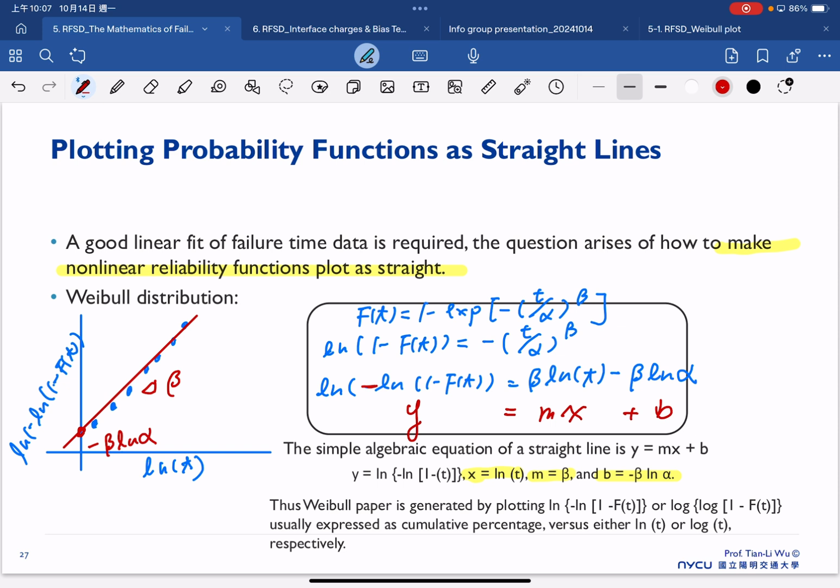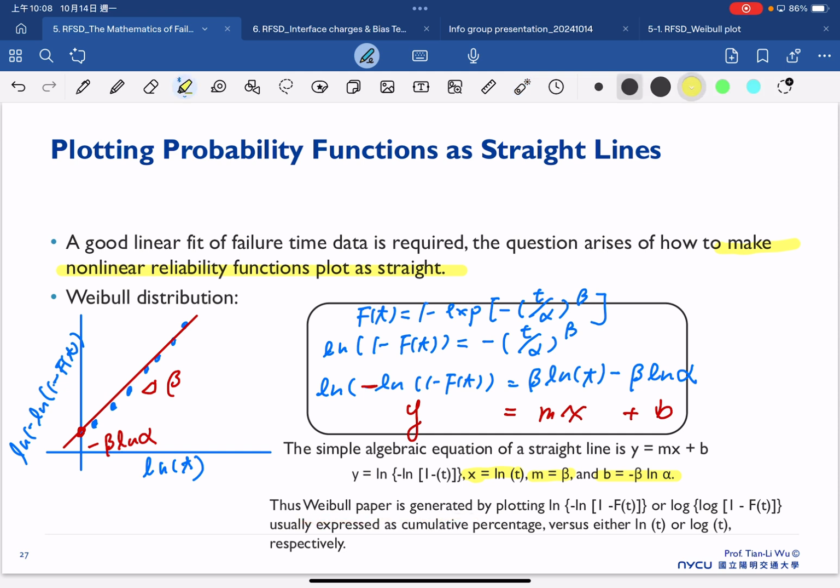So now this simple equation as a straight line is y equal to mx plus b, where y is equal to this and x and so on are all equal to this as well. The Weibull paper is generated by plotting.